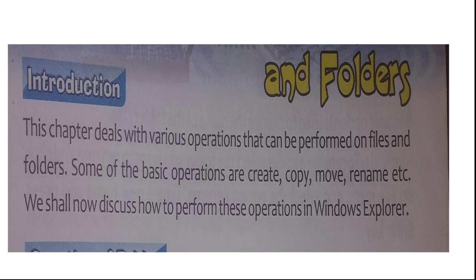Before that introduction, this chapter deals with various operations that can be performed on files and folders. Some of the basic operations are how to create, how to copy, how to move, how to rename, etc. These are all we are going to see. We shall now discuss how to perform these operations in Windows Explorer. You must know what this is. The Windows Explorer is a library of the computer.